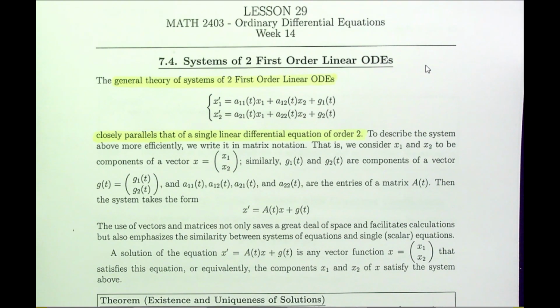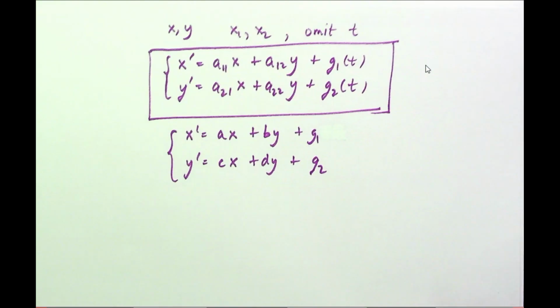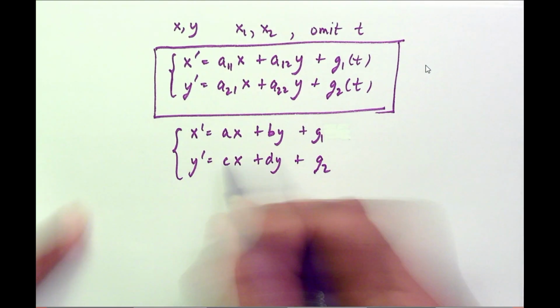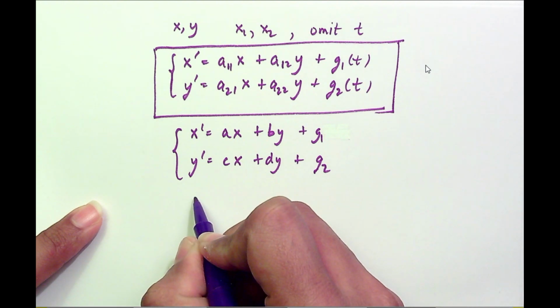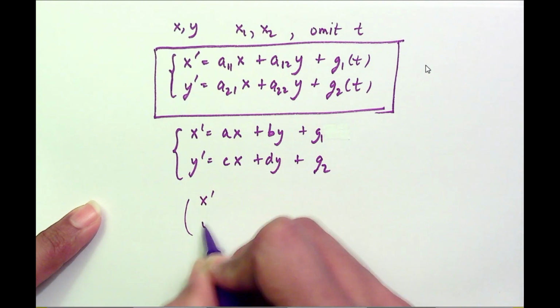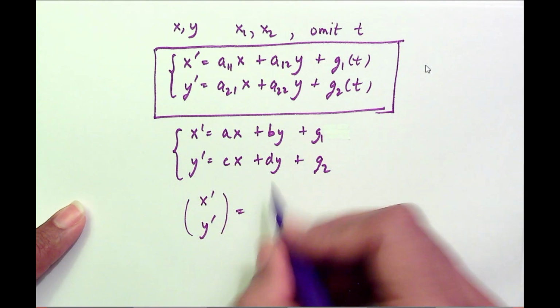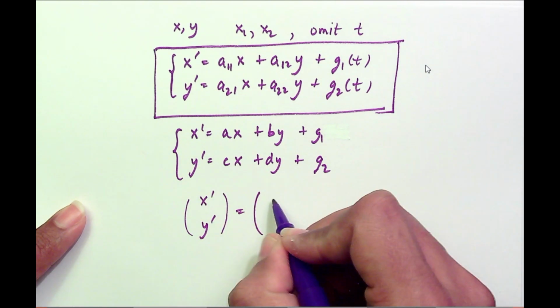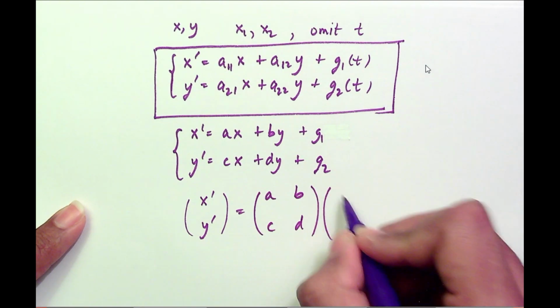So to describe the system more efficiently, we use matrix notation. If you remember how we do that, suppose this is our system, then you can write this like this. You can write them both at the same time. It would be x prime, y prime, that would be the left-hand side of this system, equals a, b, c, d, and then x, y.